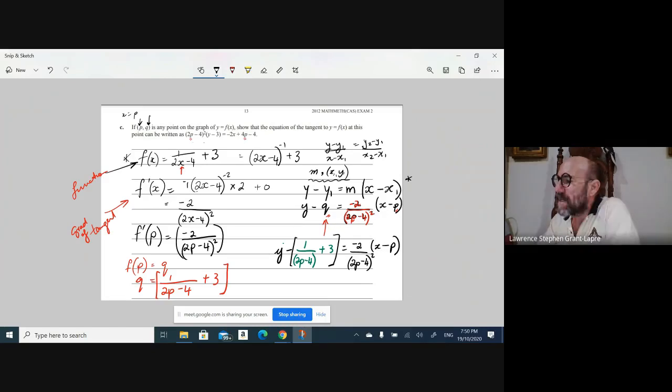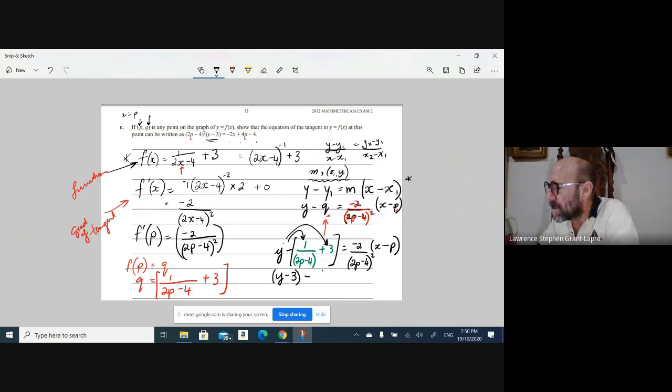Notice there's no denominators up here. So to cancel our denominators, I'll multiply everything by 2p minus 4 squared. Can you see y minus 3 there? I'm going to put y minus 3 here. And then that's a minus that, that's a minus that.